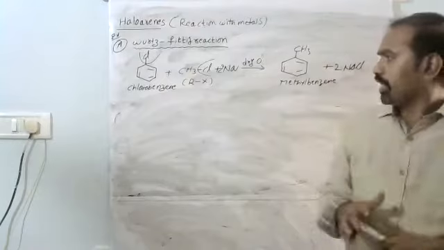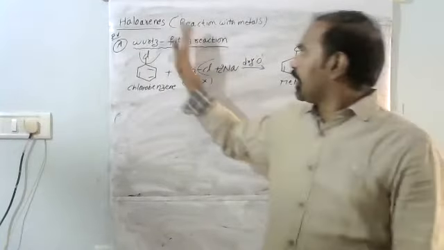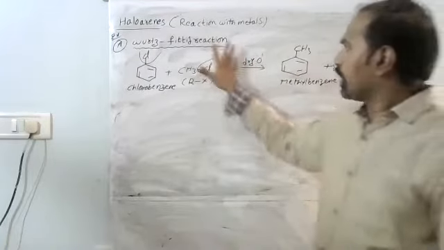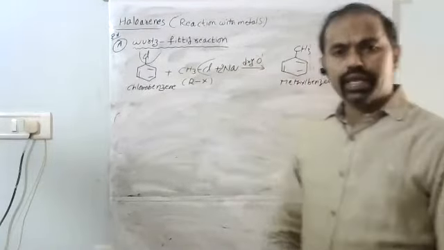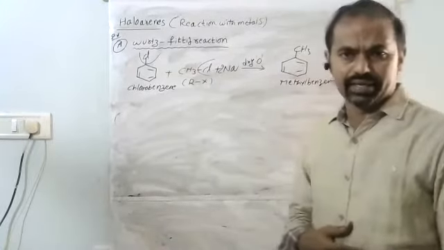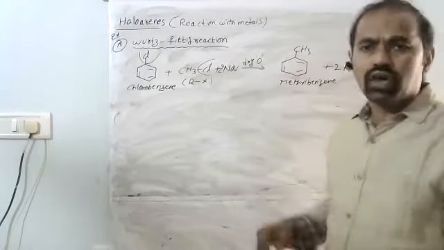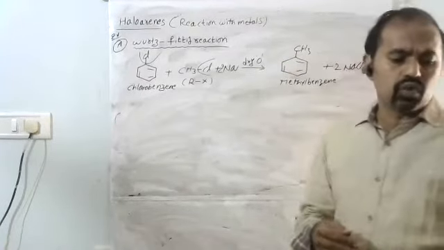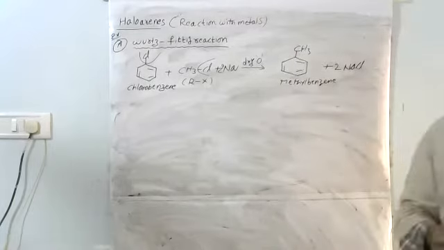This reaction is called the Wurtz-Fittig reaction: haloarenes react with alkyl halides and sodium metal in the presence of dry ether to give alkylbenzene.